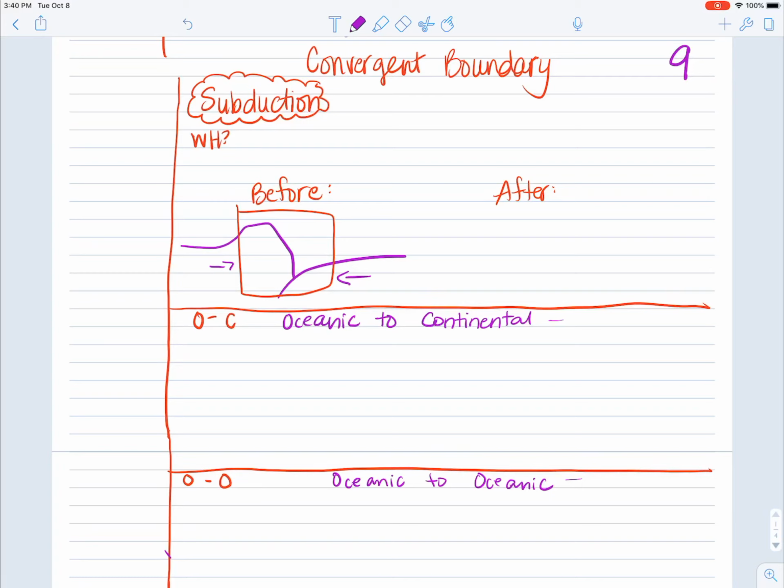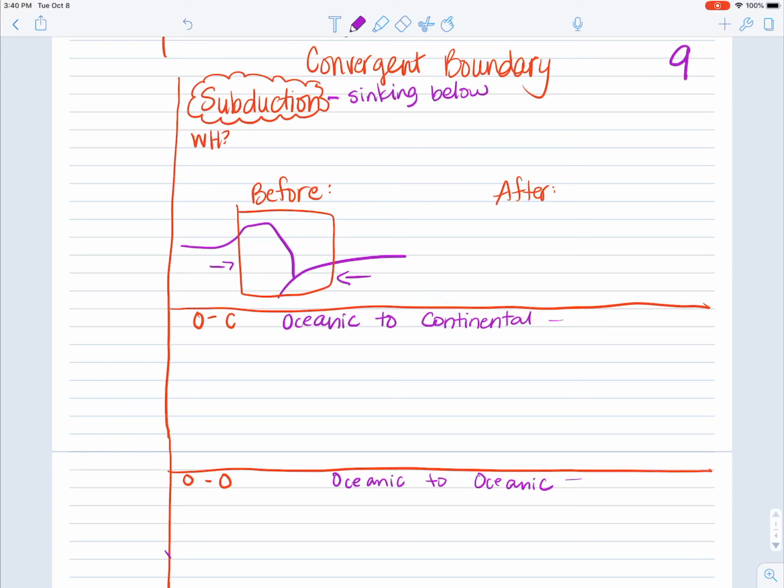So flip to page 9 and set up your page like this. Definitely pause the video. So same thing, we're going to look at the convergent boundary, but this time we're looking at something called subduction. So this is whenever it's sinking below another plate. So draw that before picture.